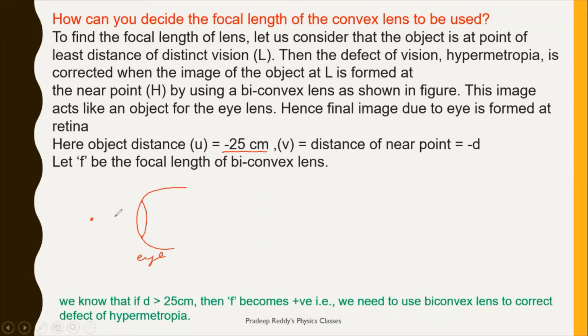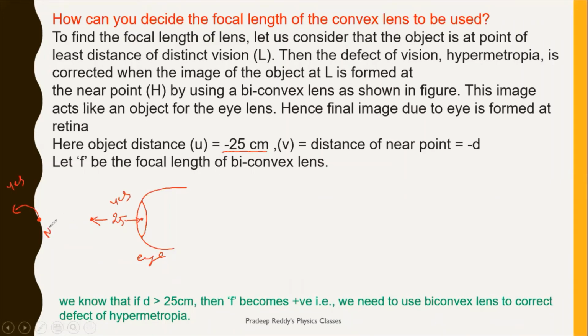This is the least distance of distinct vision, 25 centimeter. And there will be a near point situated here. Here you can see the image, but here you cannot see the image.